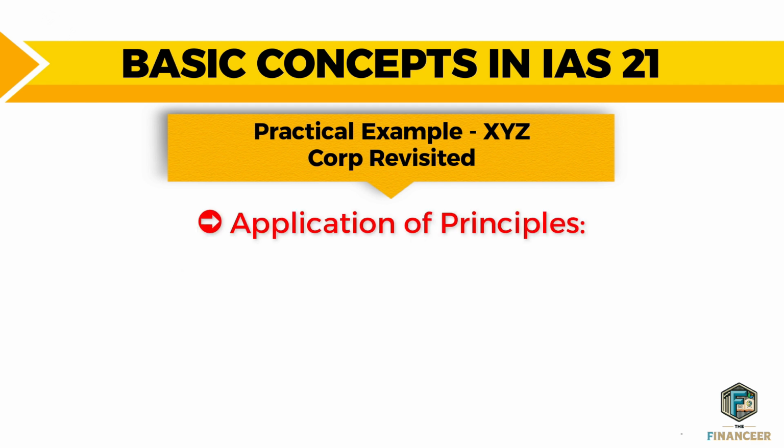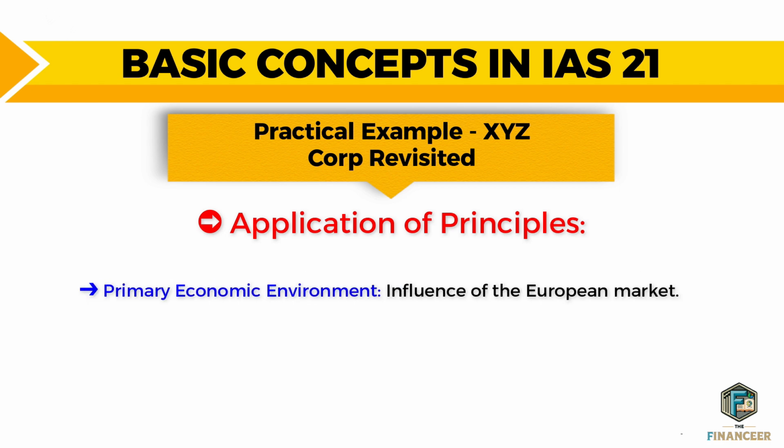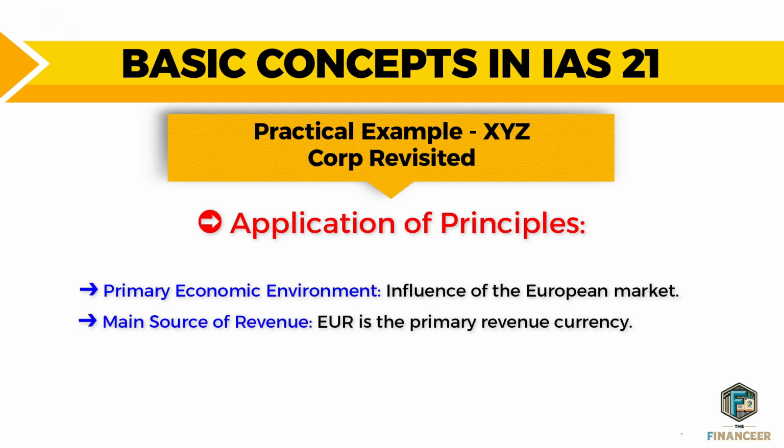Now, when it comes to the application of the principles, we are going to follow them one by one. The first principle is to look at the primary economic environment. This means that the influence comes from the European markets, because most of their revenue is generated from the European markets. Secondly, principle number 2 relates to the main sources of revenue, and as you see, euro is the primary revenue currency.